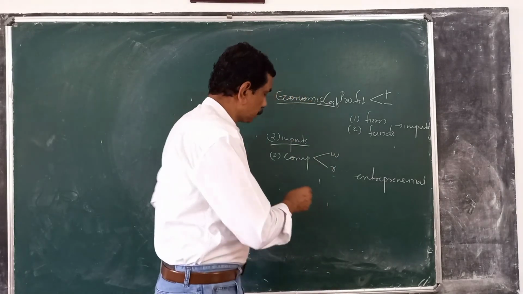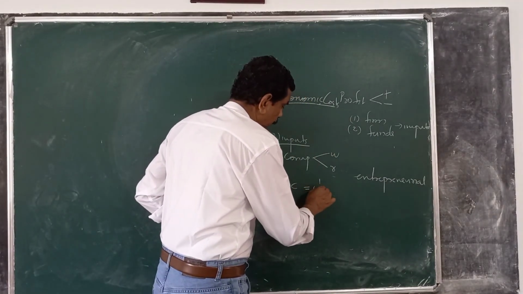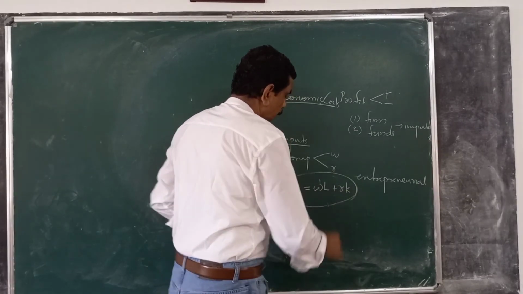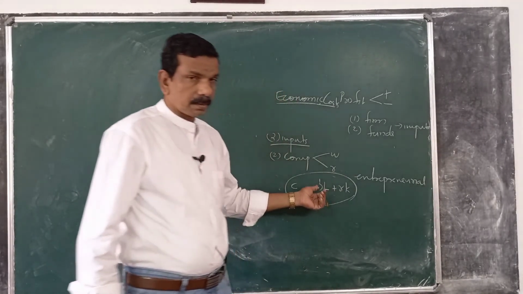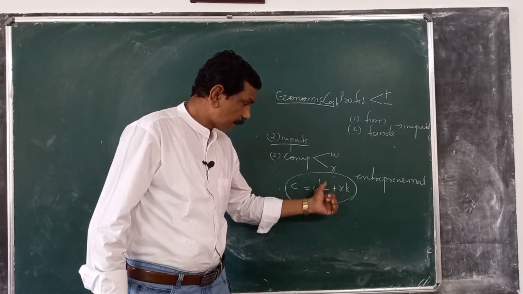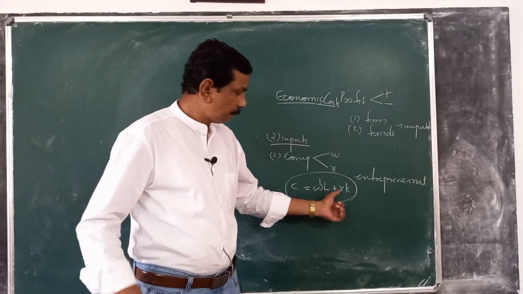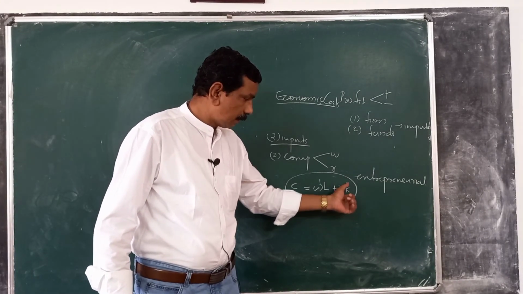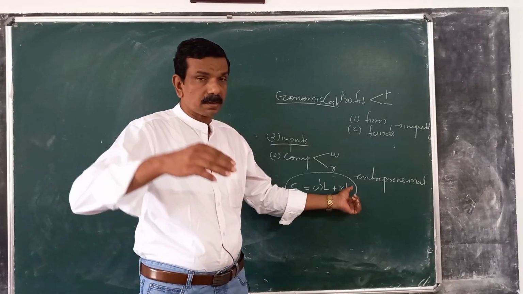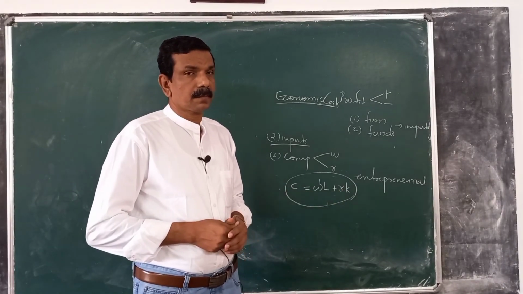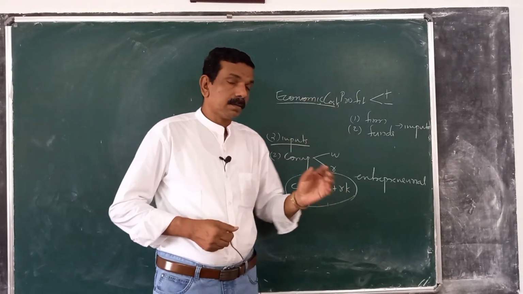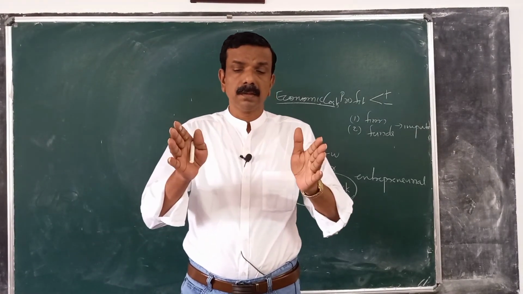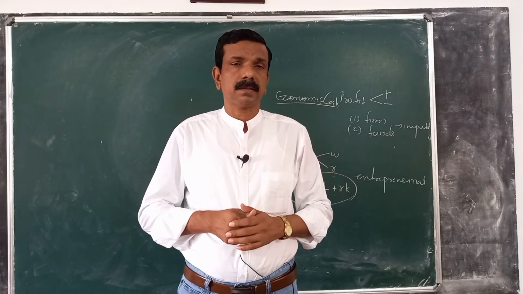So cost is denoted as W times L plus R times K: wage per hour multiplied by the number of units of labor employed, plus rent per machine hour multiplied by the number of machine hours used. So this is the cost concept which we use in our cost analysis.